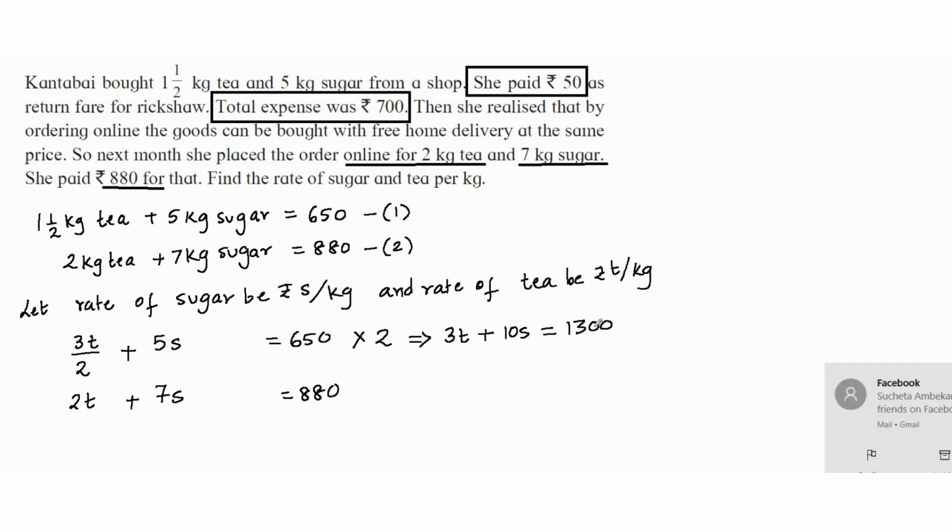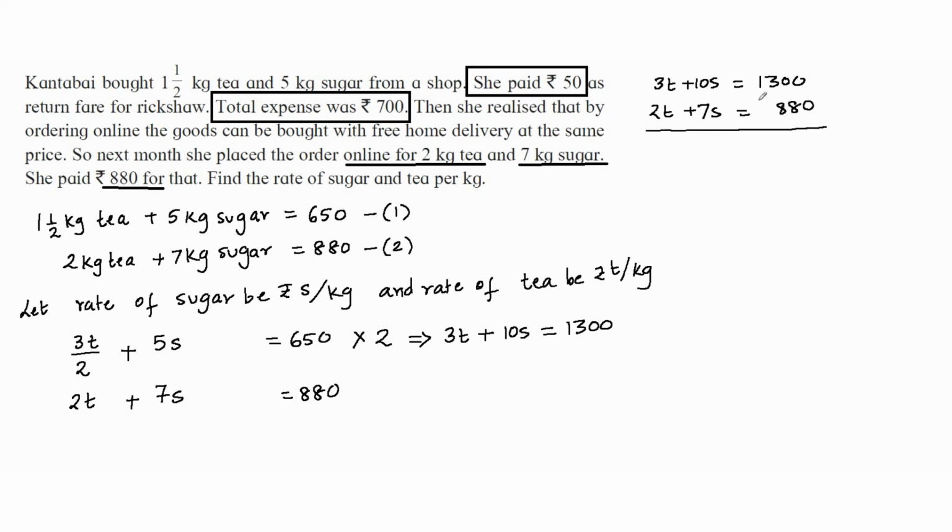So now I can consider these as my actual equations. I have 3T plus 10S is equal to 1300 and 2T plus 7S is equal to 880. I decide to eliminate T. So let this be equation 3 and let this be equation 4.